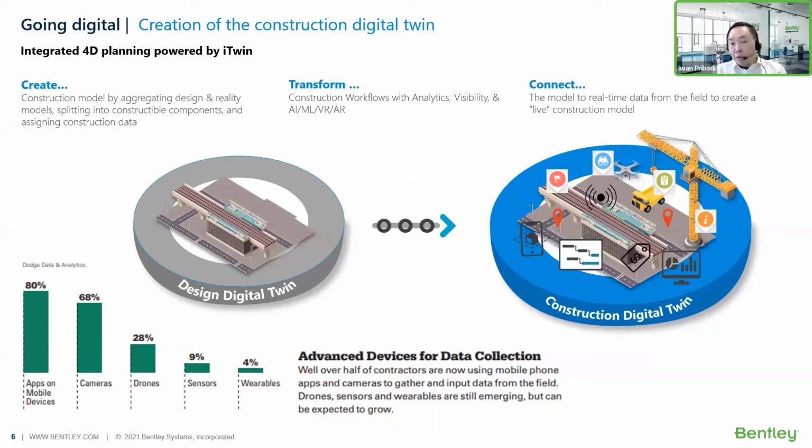For example, you place it on the map geographically, and you are creating this model live by feeding different information using drones, mobile devices, GPS, and so on. So your model is actually a live construction model that you will use to manage your project.